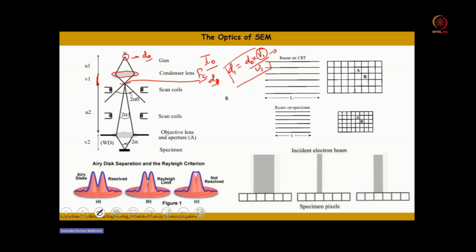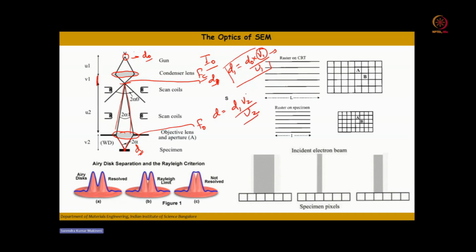Now, if you keep an objective aperture of focal length F objective, the beam which is traveling can be further demagnified to a value D. Okay, and this D is given by D1 into V2 divided by U2.